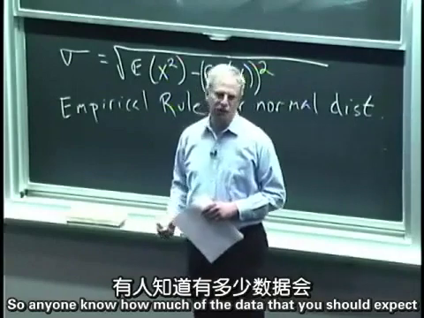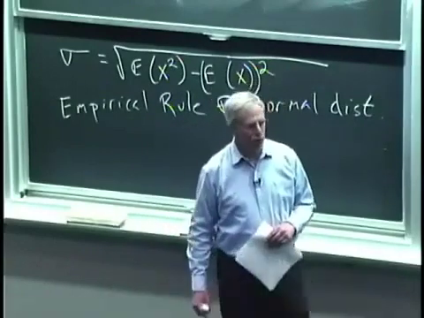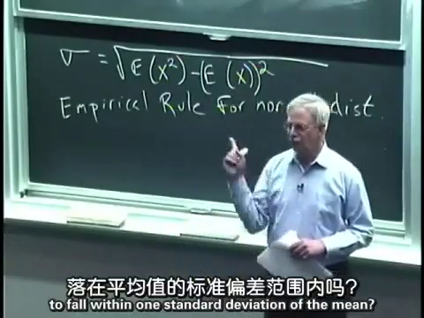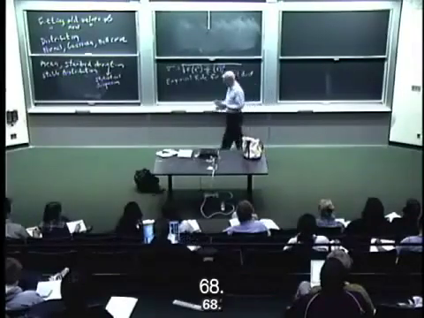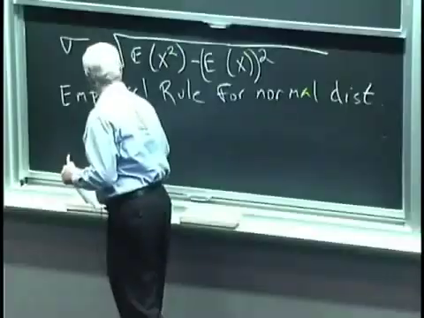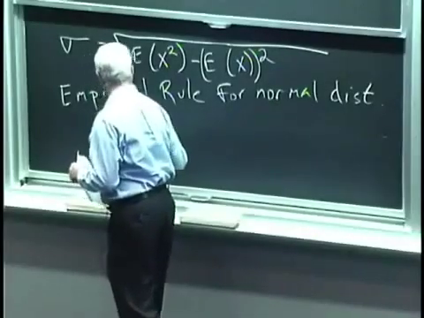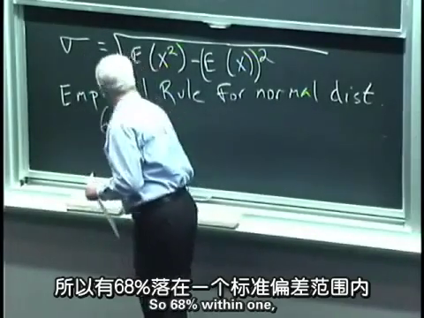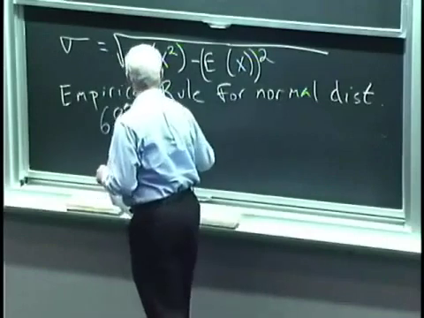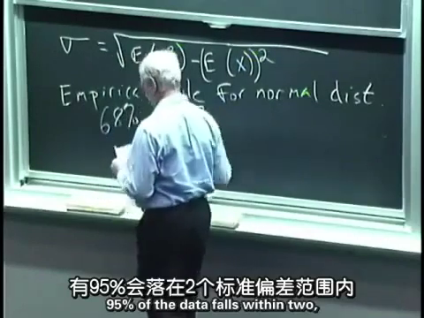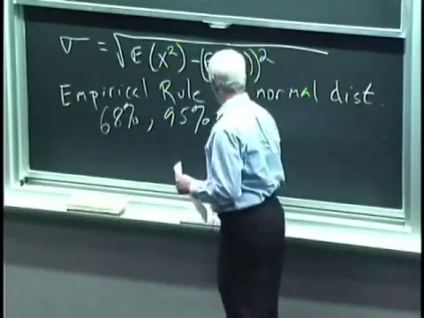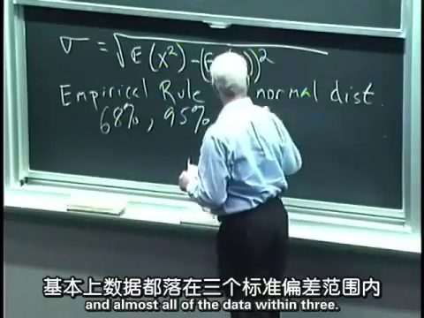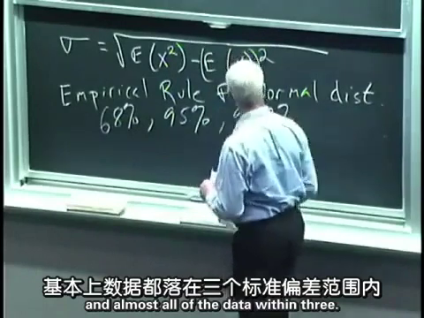So anyone know how much of the data you should expect to fall within one standard deviation of the mean? 68. So 68% within one, 95% of the data falls within two. And almost all of the data within three.